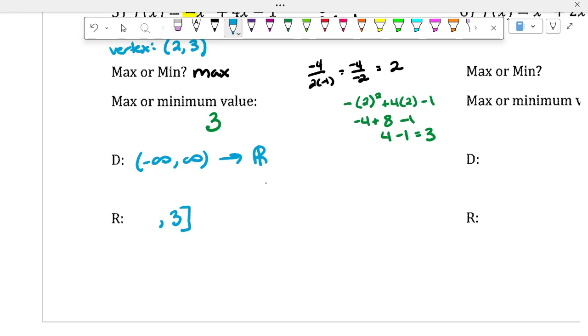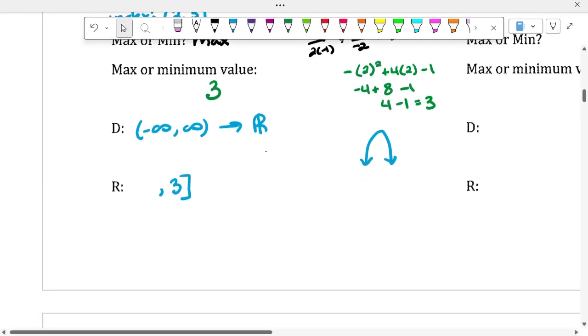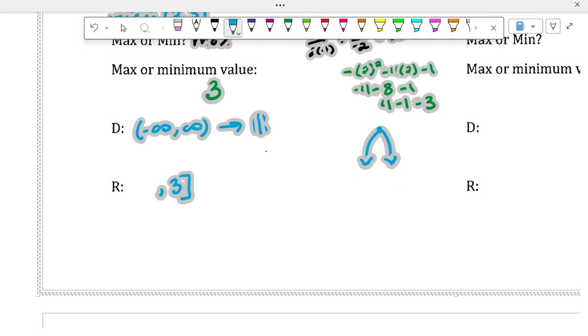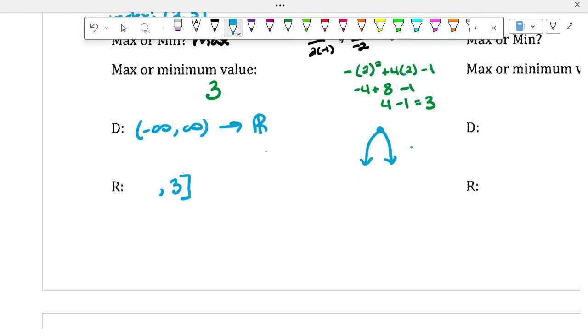Now, we know a max looks like this as a graph. So that means that lowest y value would be what? So what's the lowest y value? So our highest is 3. It's up here. What's the lowest? Negative infinity. Good. And you put a parenthesis.